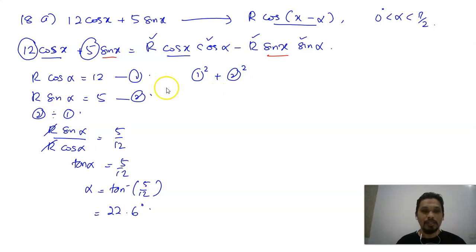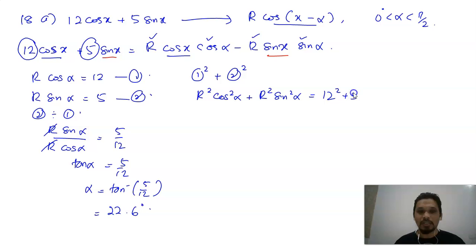To find the value of r, we come out with equation 1 square plus equation 2 square. It is r square cos square alpha plus r square sin square alpha equal to 12 square plus 5 square. Then r square, cos square alpha plus sin square alpha, equal to 144 plus 25. Cos square plus sin square equal to 1.